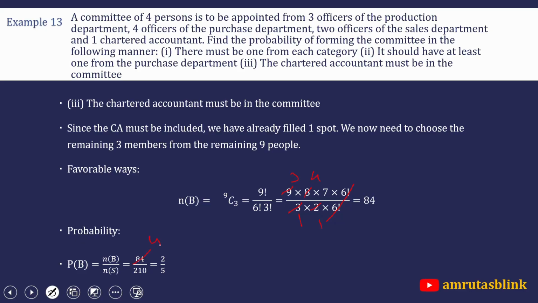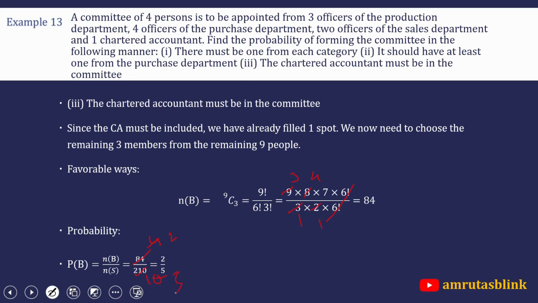So 21, 4 and 21, 10, and then 2 2s are 4 and 2 5s are 10. So the final answer of this probability is 2 upon 5. So what is the probability of chartered accountant being included in the committee is 2 upon 5. I hope you have understood how to solve this committee selection problem.